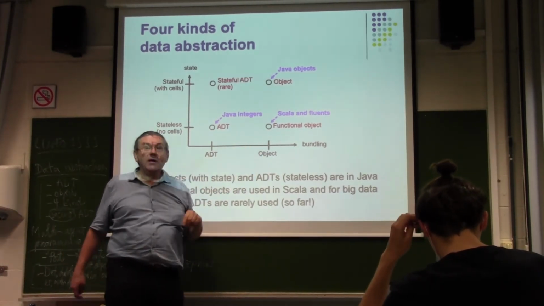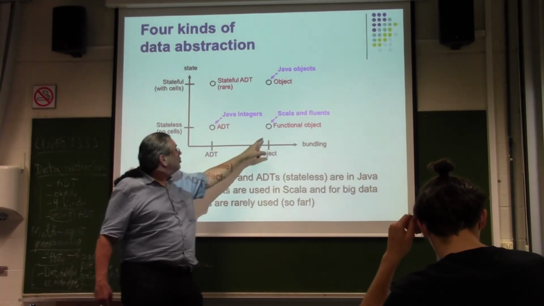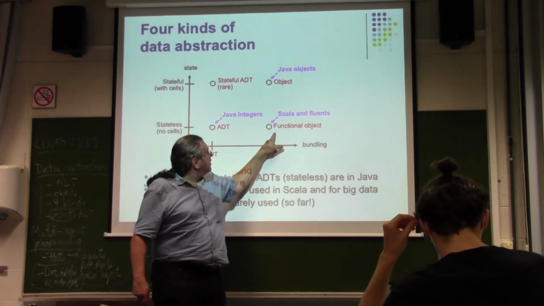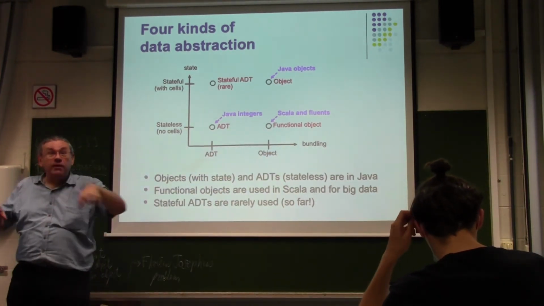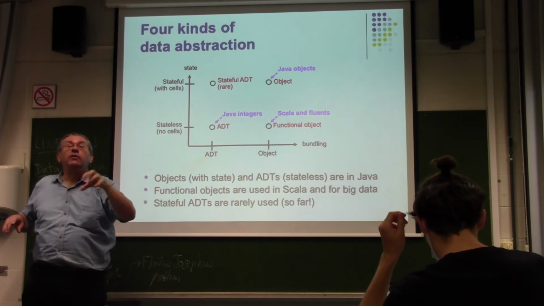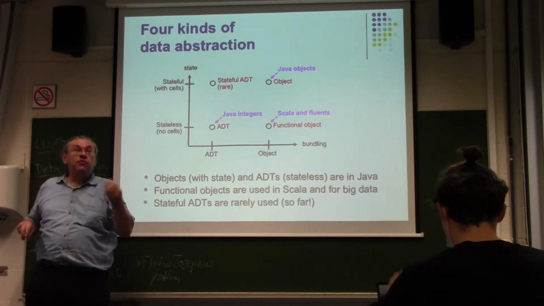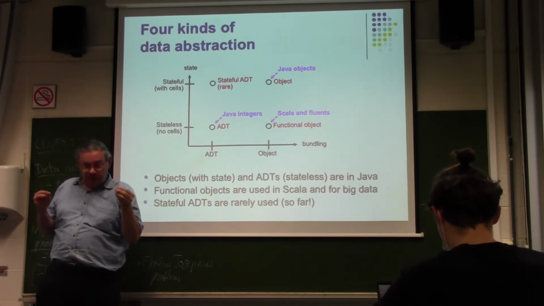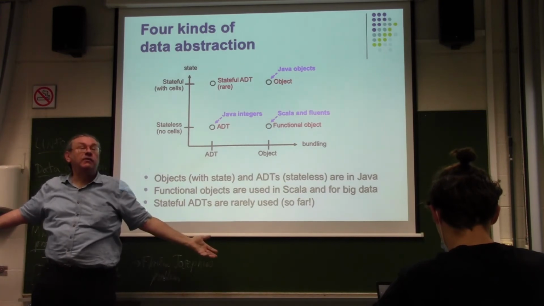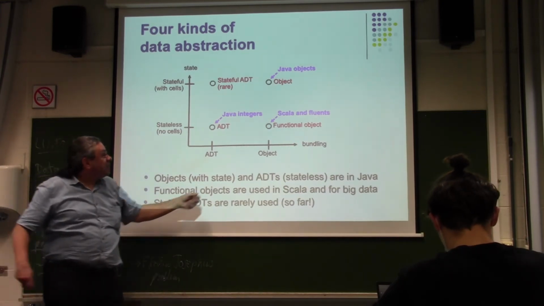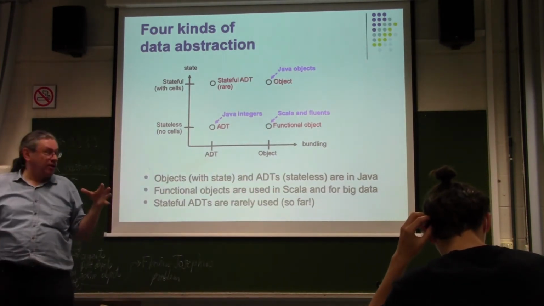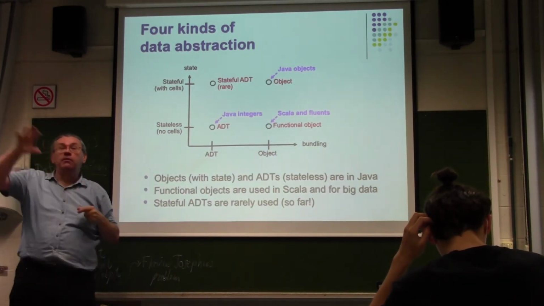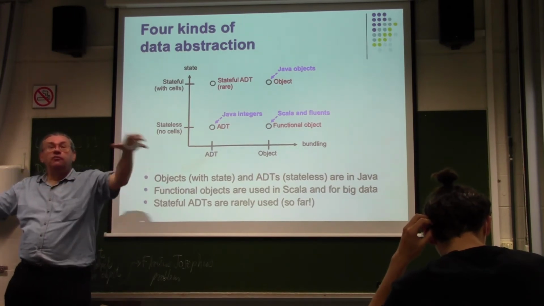In modern big data analytics tools, these are actually used. And the reason why they're used is because they're transmitted around the network. It's very hard to update an object when you transmit it, because everybody has to see the update. Okay? But if it's a functional object, then it's like a constant, it's not changing. So you can very easily copy it from one computing node to the other.